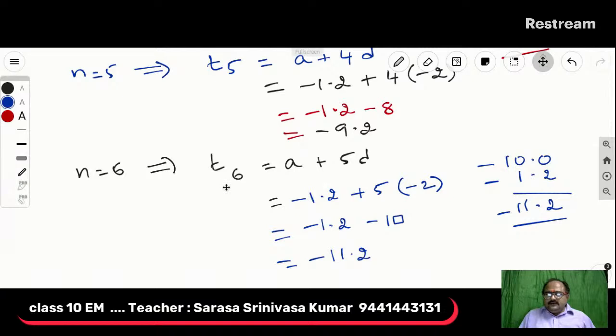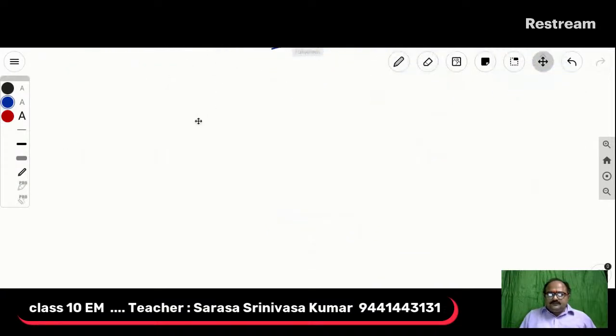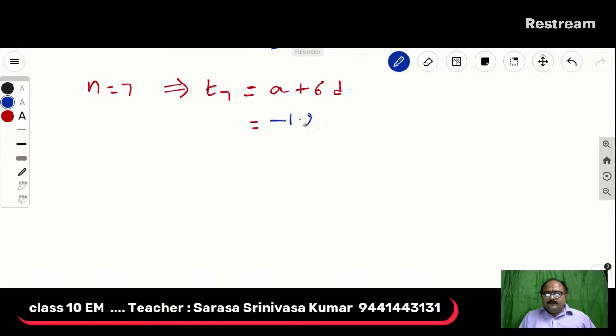Now we find seventh term, n equal to 7. This implies T7 equal to A plus 6D. A is minus 1.2 plus 6D. It is minus 2.